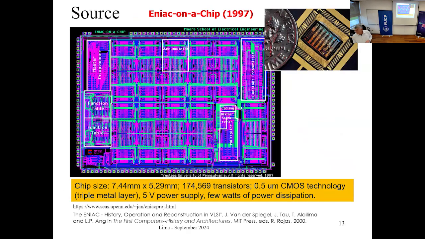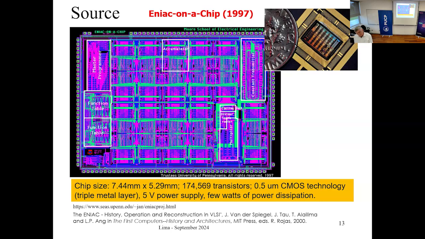Now, this is the same ENIAC, designed probably a little before 1997. It performs the same functions as the ENIAC, but look at the dimensions here. This side is 7.4 millimeters, and this side is 5.2 millimeters.